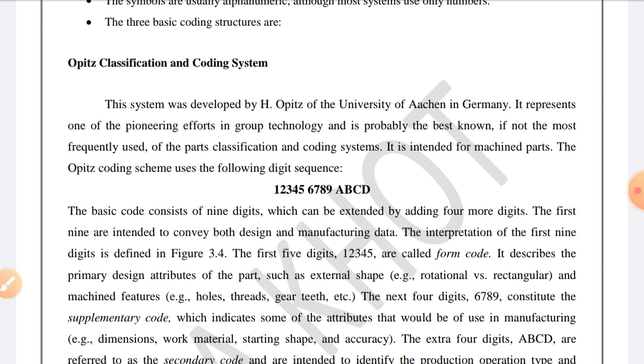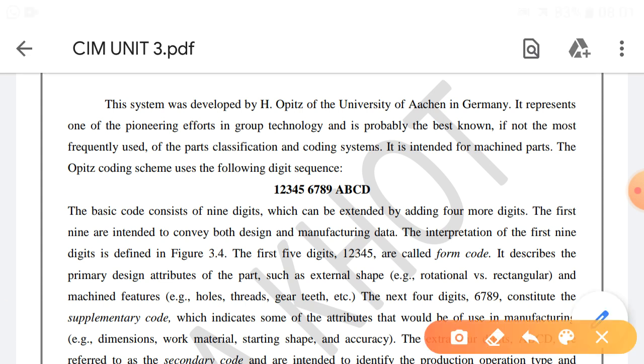The Opitz coding scheme uses the following digit sequence, as you are seeing in this figure. For example, 9 digits, 0 1 to 9, and after that A B C D is used.